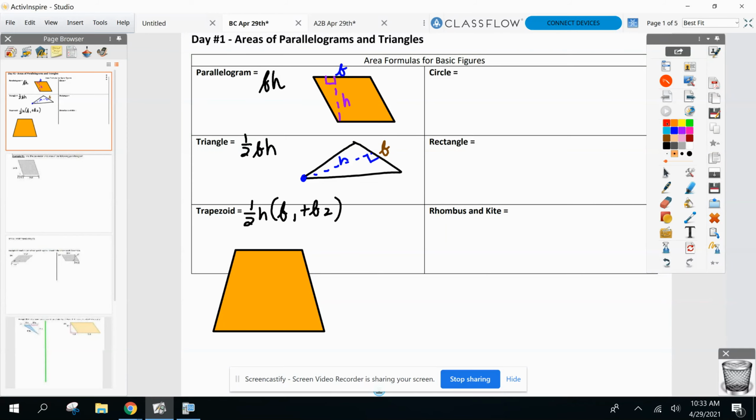In a trapezoid, you have a pair of sides that are parallel. Those are your bases. That's B1 and B2. Okay? The parallel sides are your bases, and then your height is the height we've been talking about, which is coming from a vertex perpendicular to the opposite side. There's your height.